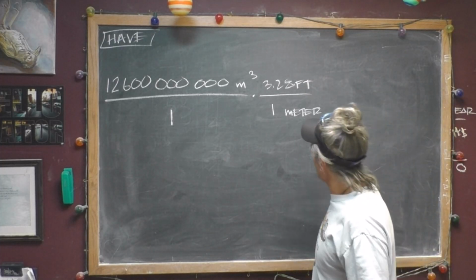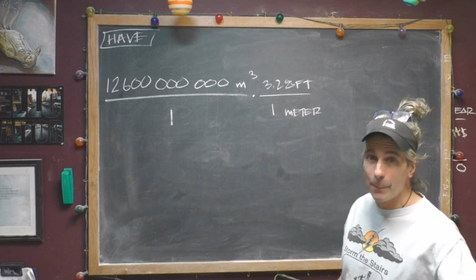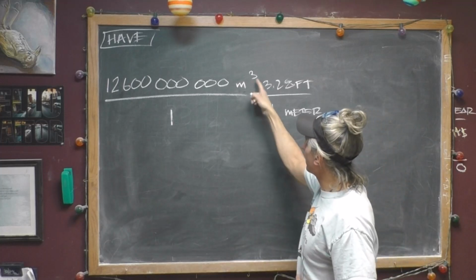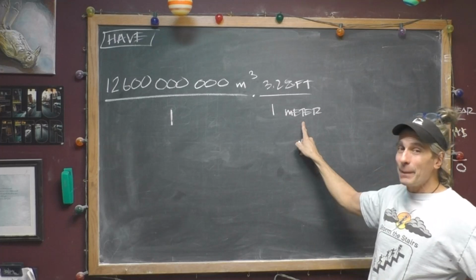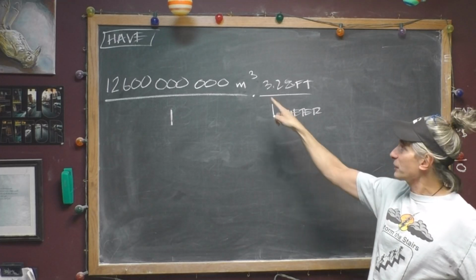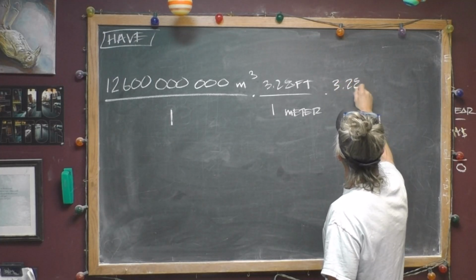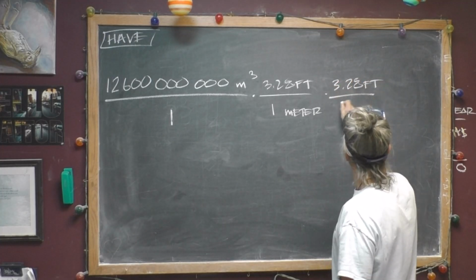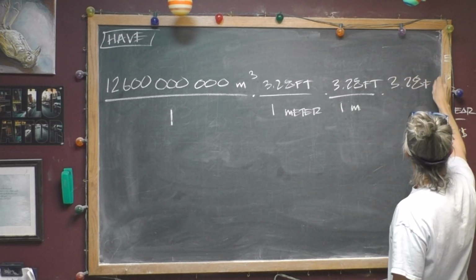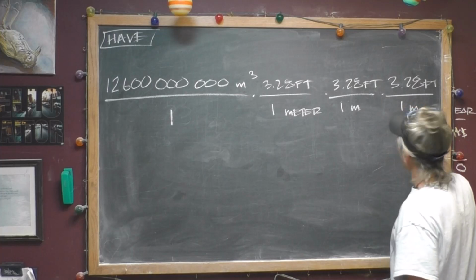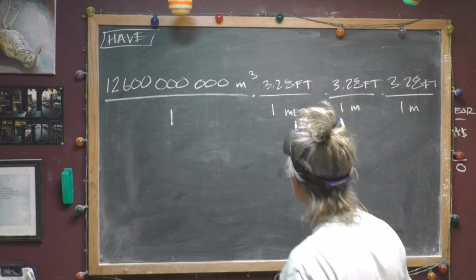Now, I can't just multiply by that unit fraction one time, because this is cubic meters. This is meters times meters times meters. This is just 1 meter down here. This is linear meters. That's volumetric cubic meters. So I've actually got to multiply by that unit fraction 3 times, because I want to be able to cancel off cubic meters.